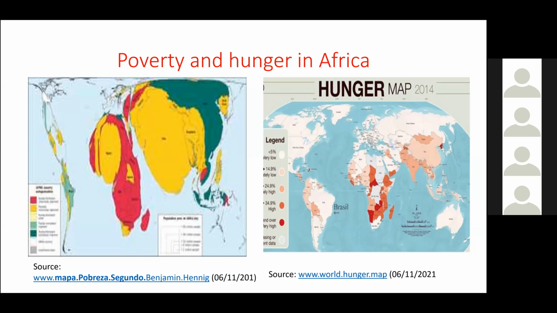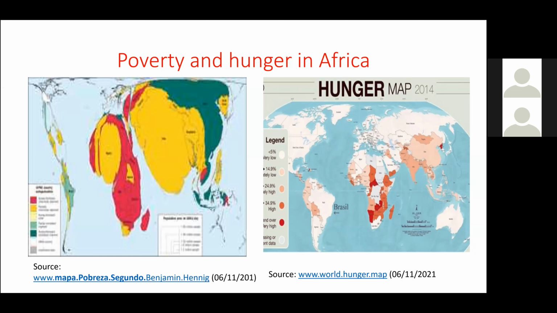In terms of hunger, again, the African continent, including the countries that the Indian Ocean lies on. You see Mozambique, Madagascar, Tanzania, where the percentage of hunger is quite high. That is really problematic considering that we have soils.